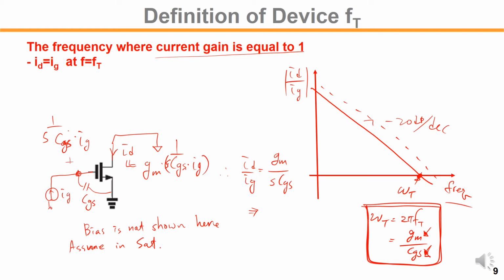Now the question is, why do we care about this maximum current gain? Because this is actually what we can use for a voltage amplifier. Above this frequency, we may not expect a large voltage gain, for the following reason.